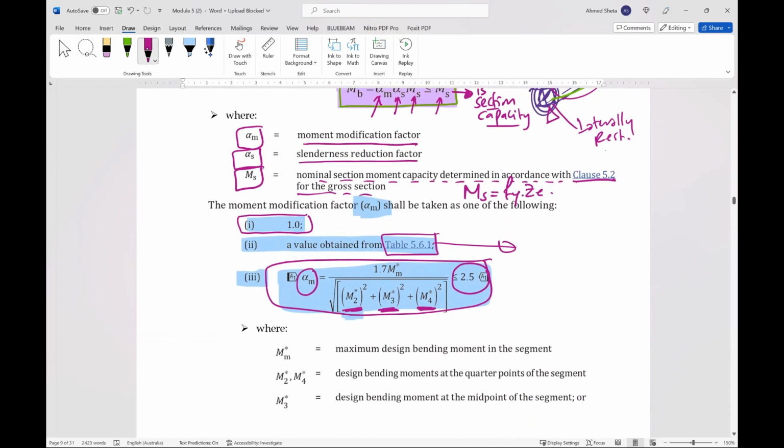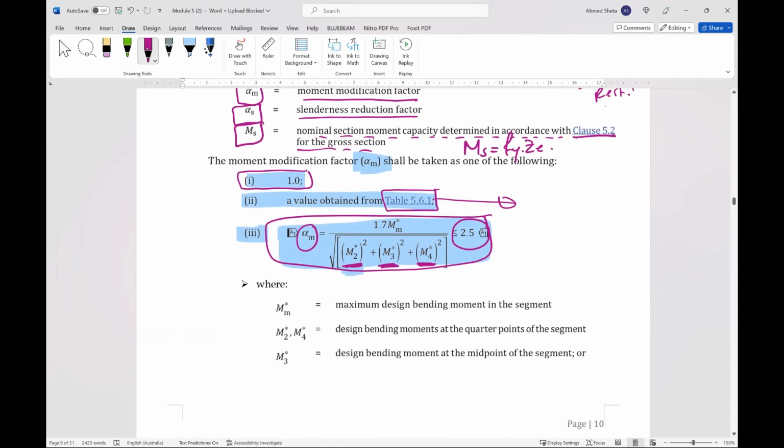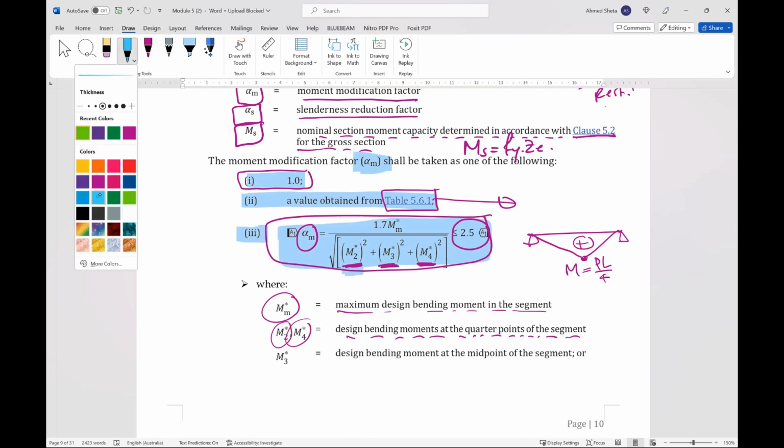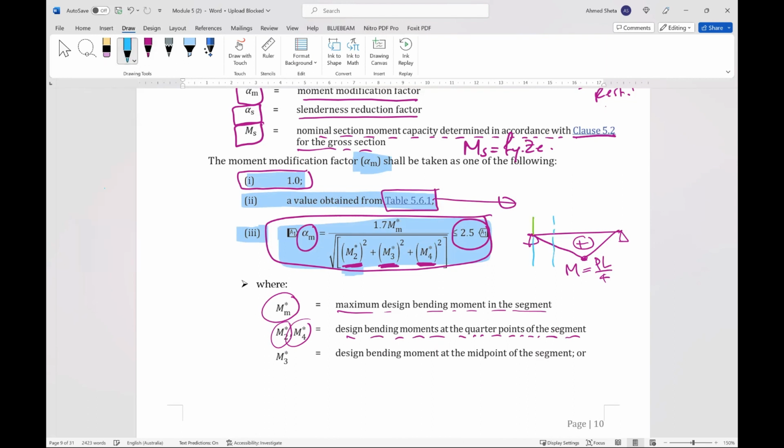The other value of alpha M is 1.7 M m, where M m is the maximum design bending moment in the segment. So if we have a beam like this, this is the moment. So this is PL over 4. So the maximum moment here is PL over 4. M2 and M4 are design bending moments at the quarter points of the segment. So quarter points mean we need to subdivide this into 4. So these are the quarter points.